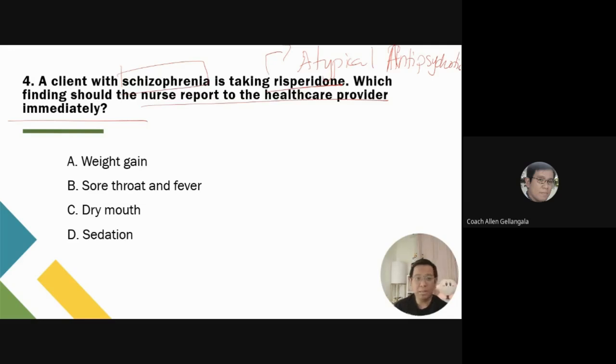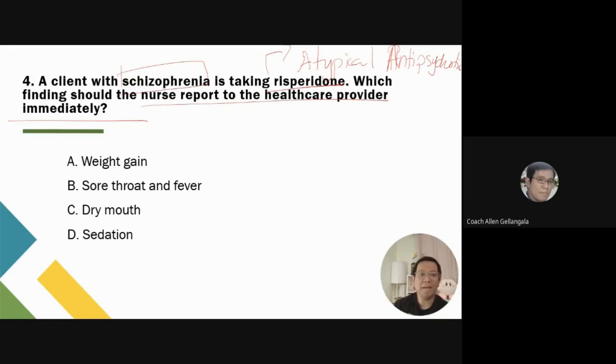And dopamine plays a big part in making sure that coordination is happening. Now, without dopamine, it will cause pseudo-Parkinsonism, otherwise known as extrapyramidal symptoms. Okay, so what does that tell us?